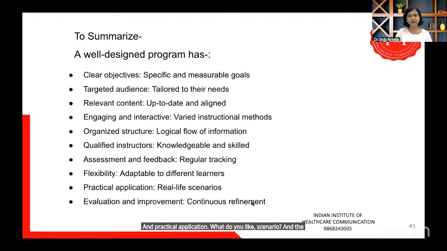And the last point is evaluation and improvement to bring about continuous refinement.